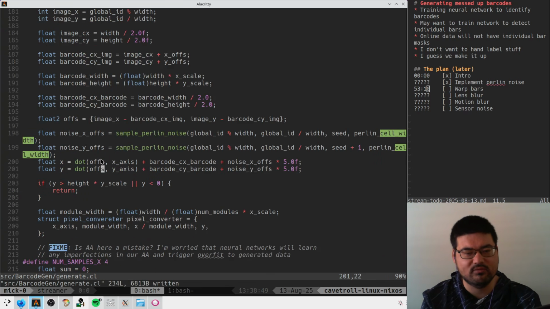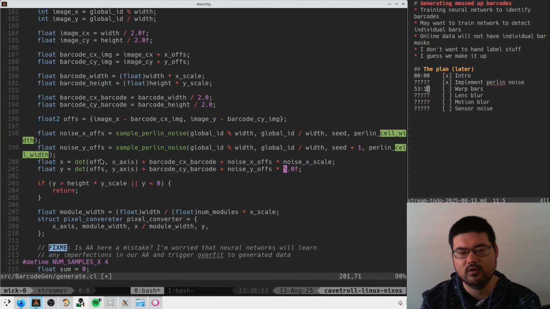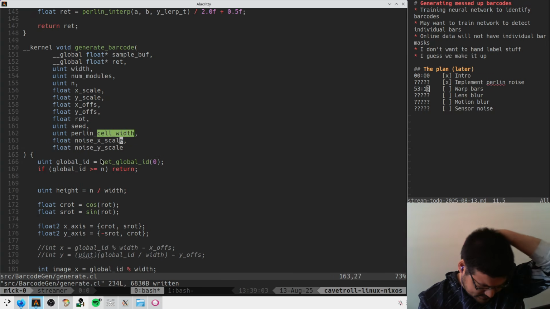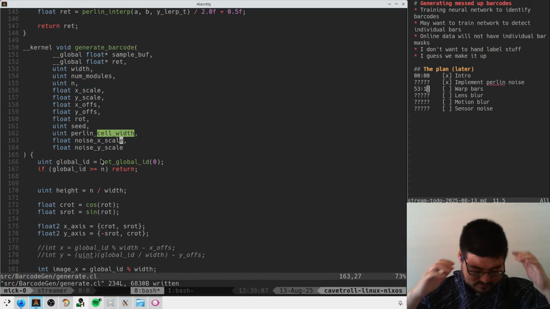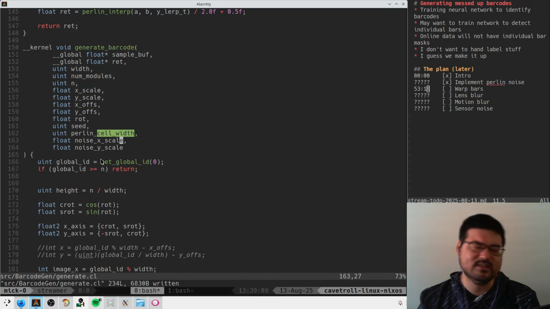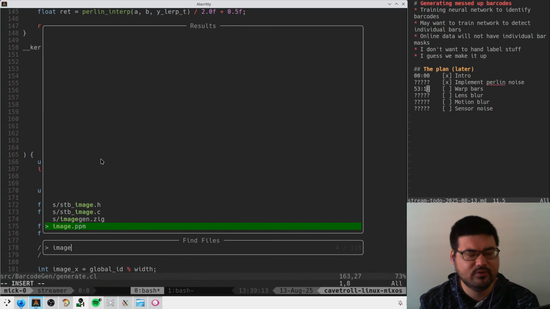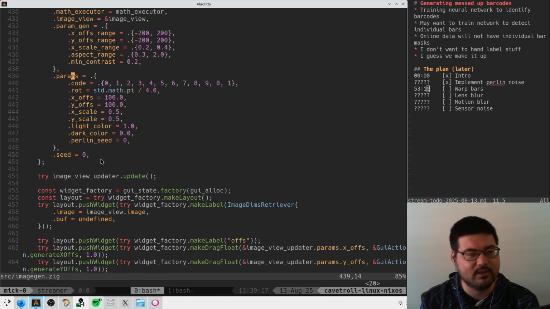And between the 3 of these, we should be able to start getting really crazy. Scale here is a little bit of a confusing term, because scale could mean the scale of the Perlin grid, or it could mean how much we're planning on moving. I guess it's fine. Okay, let's add these to the parameters that get passed in here.